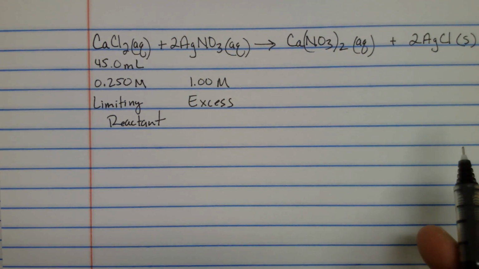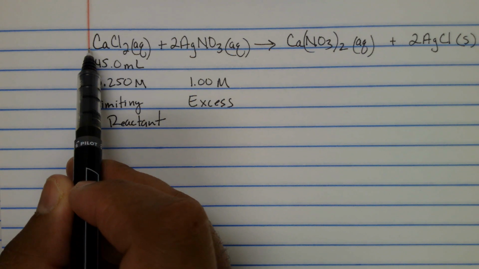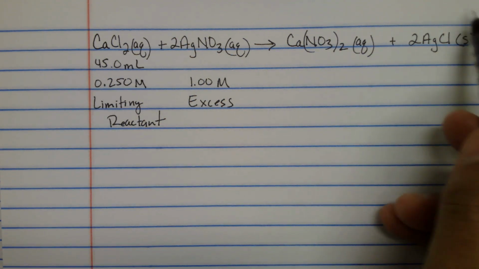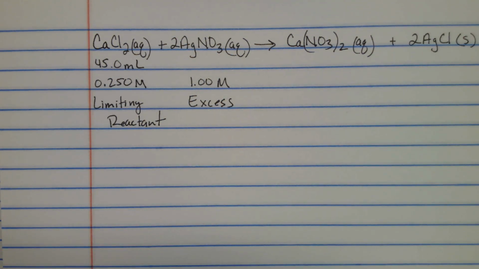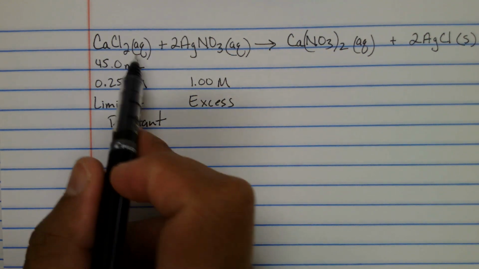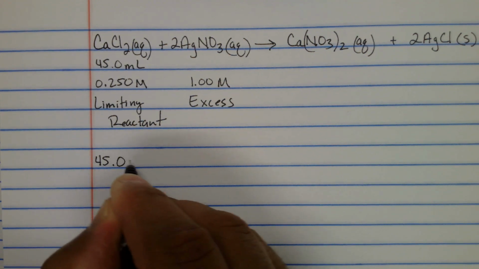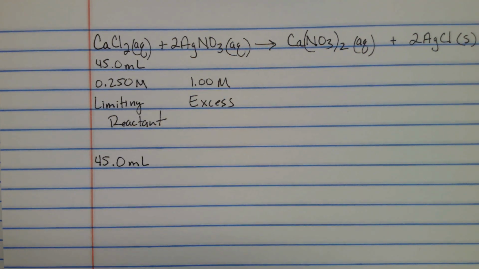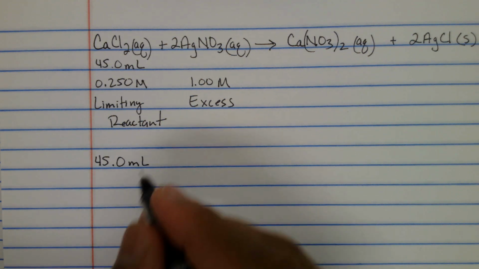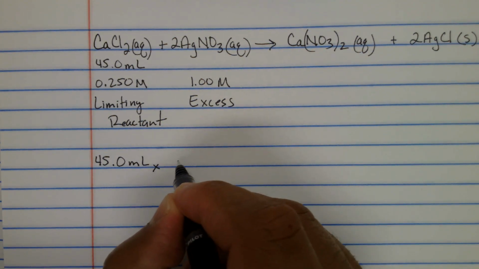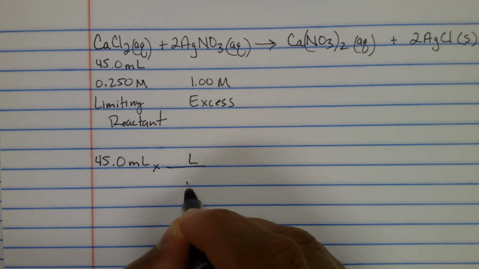We're doing stoichiometry, so we want to take advantage of these mole-to-mole ratios to find the amount of precipitate formed. So I need to find the number of moles present. I'm dealing with solutions, so I need to convert this one volume into moles. So I'll convert the milliliters to liters first. I'll cancel the milliliters.